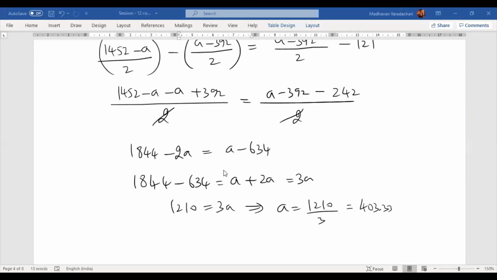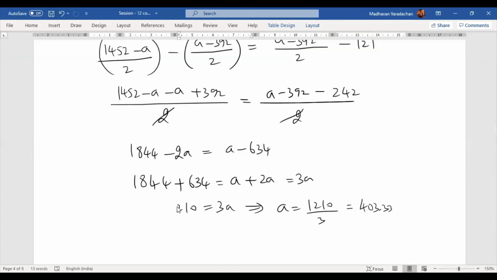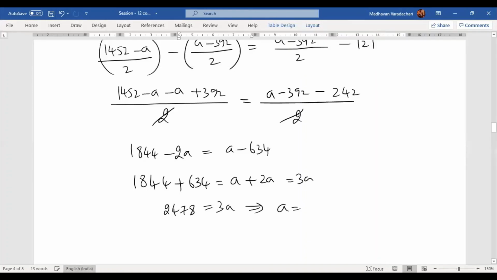I think here it should be positive. So that means 1844 plus 634, you have to add. So it becomes 2478, which means A is 2478 divided by 3. You get 826.